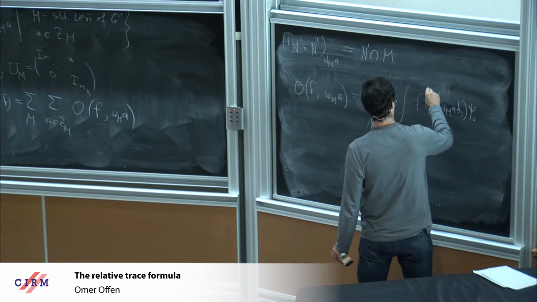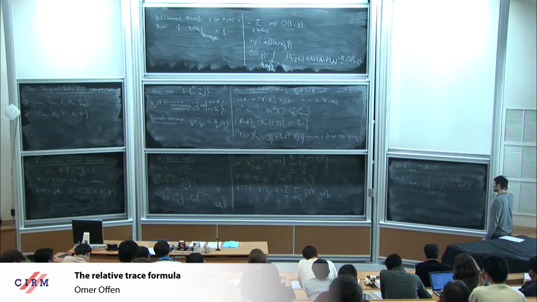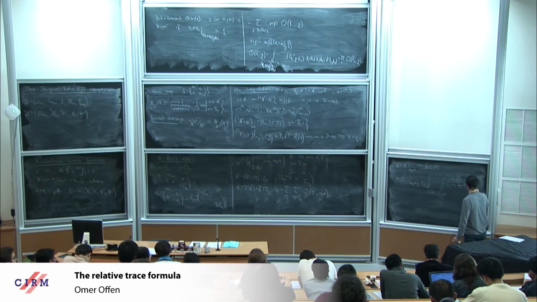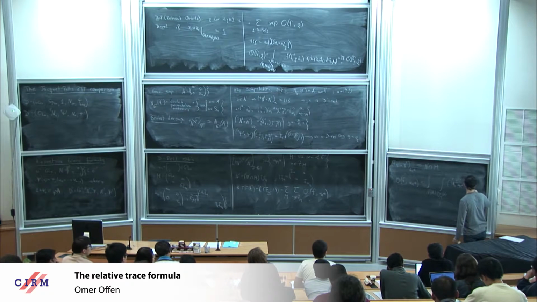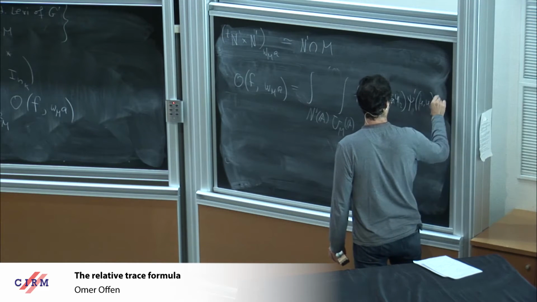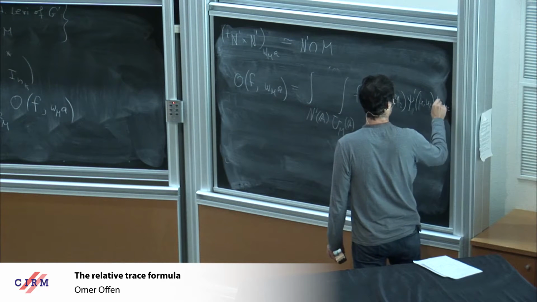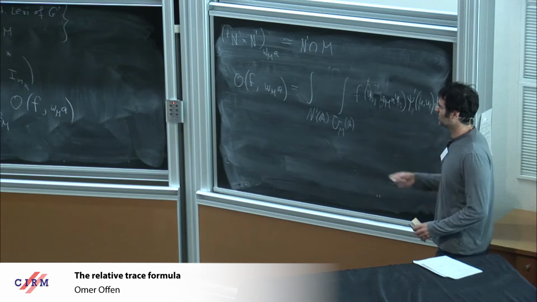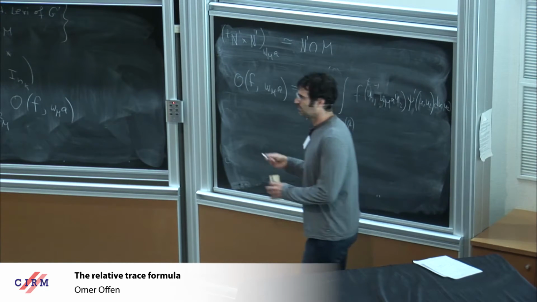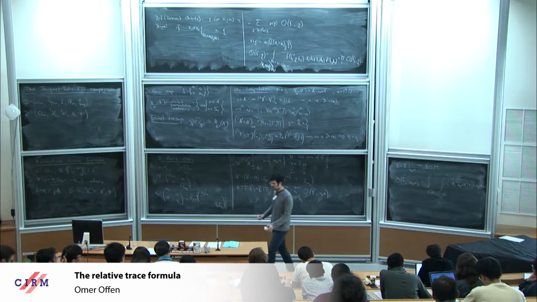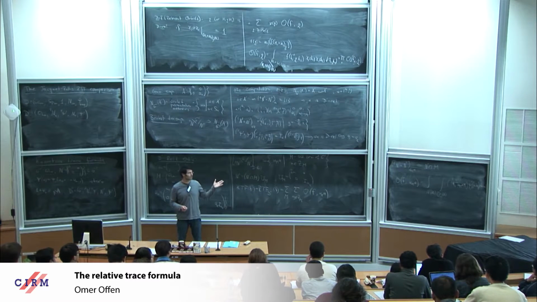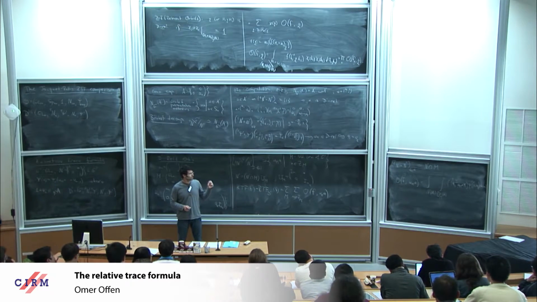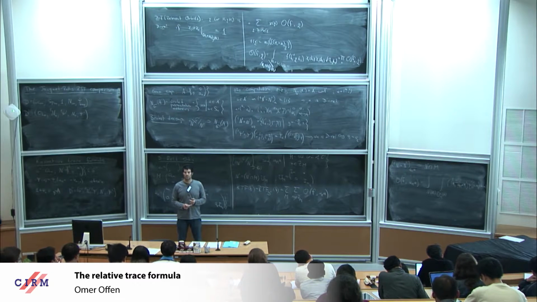I should put a transpose here because I'm integrating over N prime transpose, and psi naught of, let me put U's for the unipotent elements, psi of (U1, U2), dU1 dU2. Okay, so you may wonder where the volume element disappeared. Well, all of these are integrals over unipotent subgroups, and one can normalize, these are all root subgroups, so that all these measures are going to be 1 in this case.